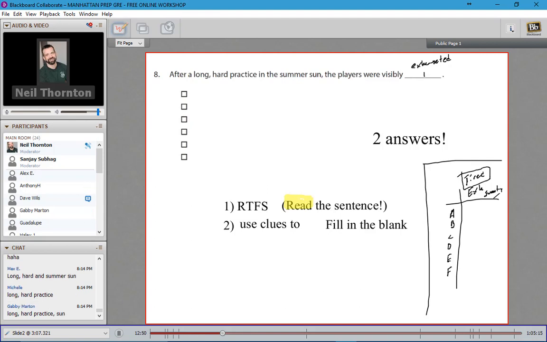Yeah, all right, so it's a long, hard practice, summer sun. So it's a very, very clear clue. All right, so not always clear. We're going to get some more tools for analyzing the clue here. Yeah, all right, so there we go. So we've filled in the blank and we're ready to go.